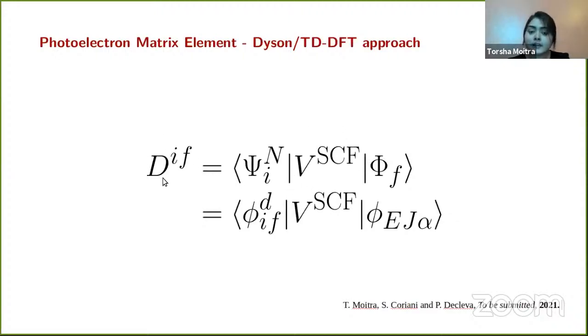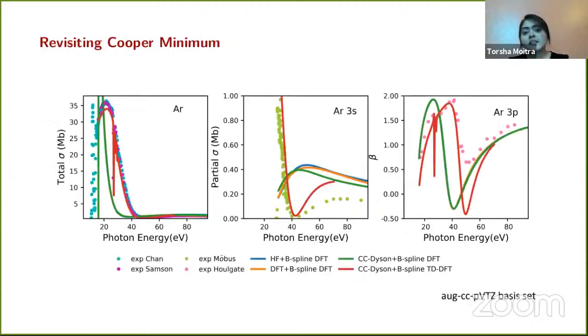Thus, the DIF term is the overlap of the Dyson orbital with the continuum wave function connected by the VSCF term. This has been implemented in the Tiresias code, and the results that I will show afterwards are yet to be published. So the first thing we did was revisit the Cooper minimum of argon.